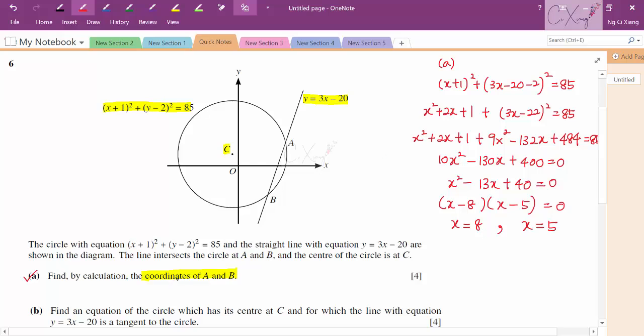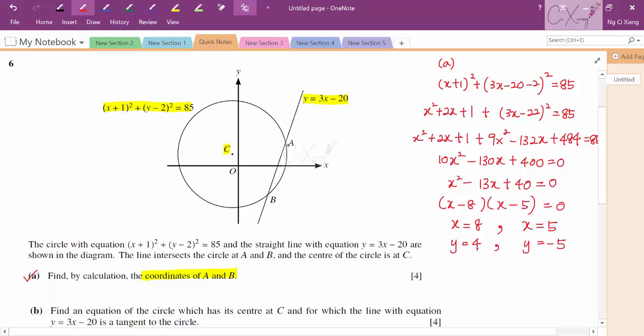Alright, so for this question, they're asking for the complete coordinates. That means besides the x coordinate, we also need to find the y coordinate. So substitute x equals to 8 into the line equation so that we can get the answer in a more straightforward way. So 8 times 3 is 24, minus 20, I have a 4. The same thing for x equals to 5, substitute into this equation, so you're having y equals to negative 5.